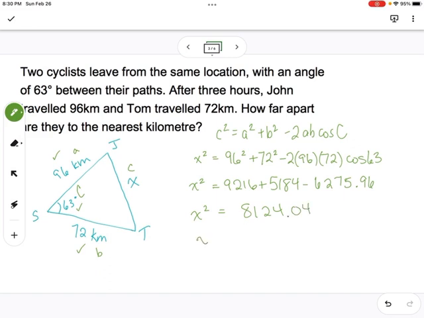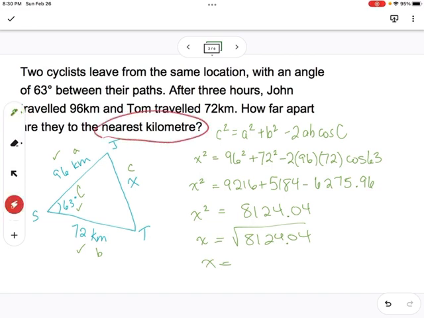And to get x by itself, that means we bring the square to the other side and we square root. Okay, so the square root of that number. And we want to round to the nearest kilometer, so that 90.13 is going to round to 90 kilometers.